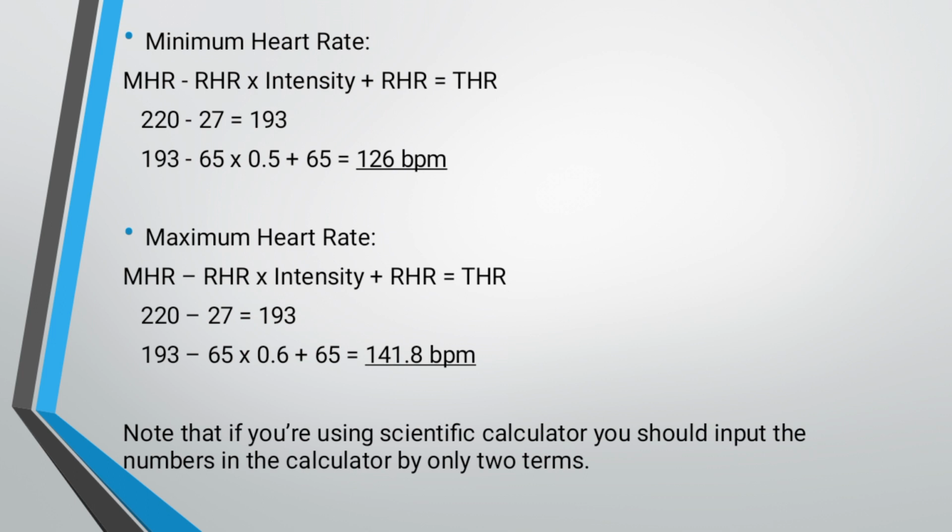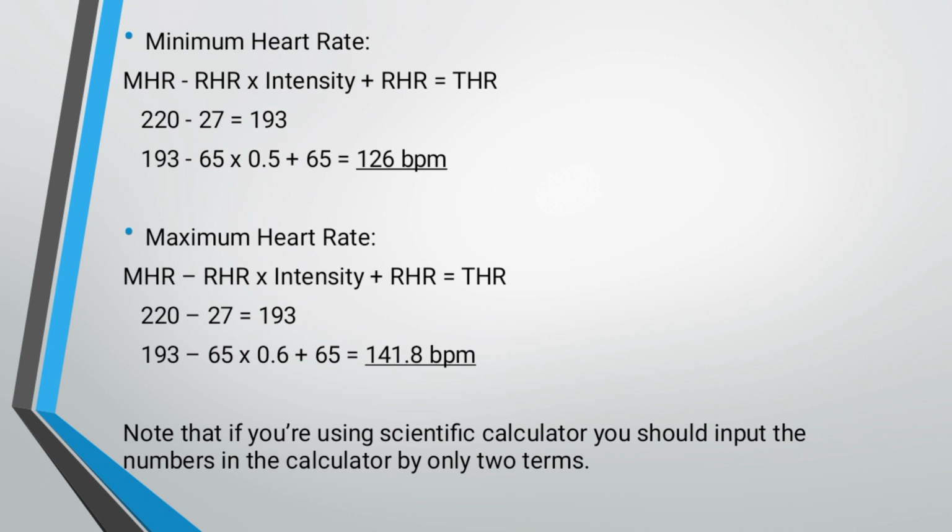Note that if you're using a scientific calculator, you should input the numbers in the calculator by only 2 terms. Listen, when you use your calculator for solving the Karvonen formula, you must put only the 2 terms first.